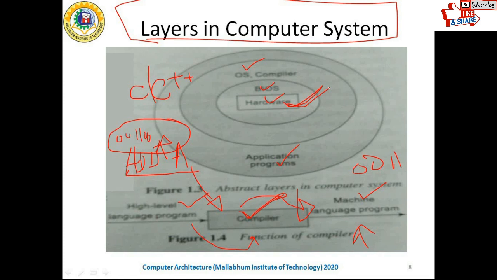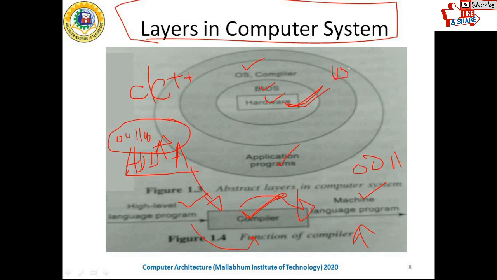Next, the operating system. The operating system is a set of programs. Obviously this is a program, as I have already said previously. The operating system is system software. So the operating system is a set of programs and utilities which acts as the interface between the programmer and the computer hardware. The following are the main functions of the operating system. First one is managing the user program.